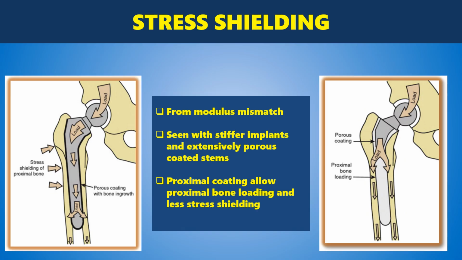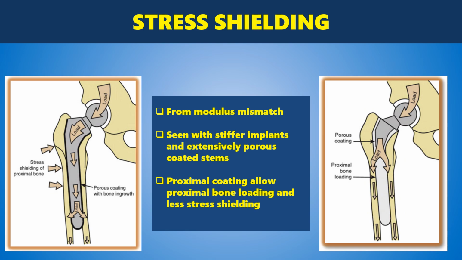The proximal part of the femur will not experience any forces, and it will lose its density according to Wolff's law. Our bone will adapt according to the loads or forces that fall on the bone. If there are no forces, it will lose its density with time.